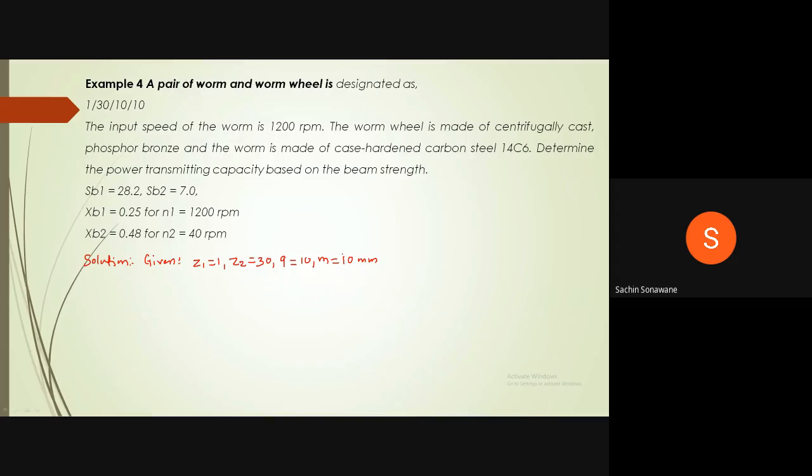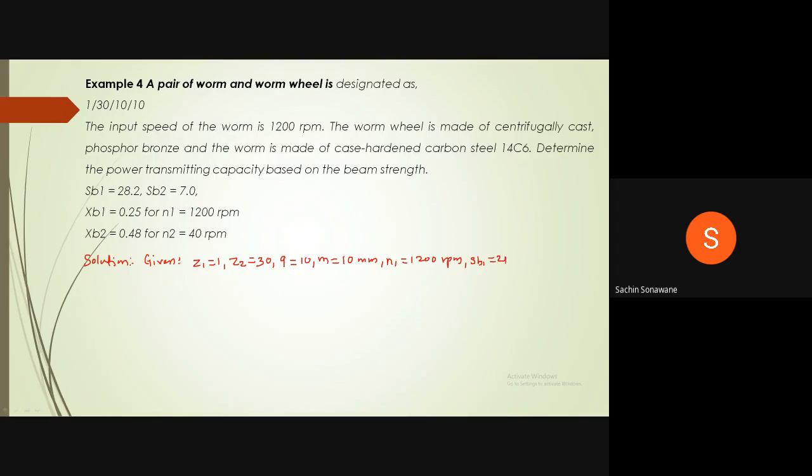Now they have given the input speed of the worm, that means N1 is equal to 1200 rpm, and the remaining values are also given.